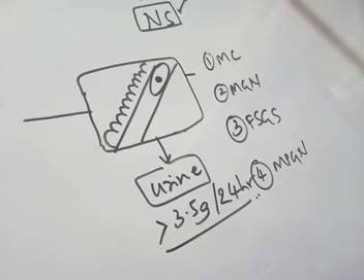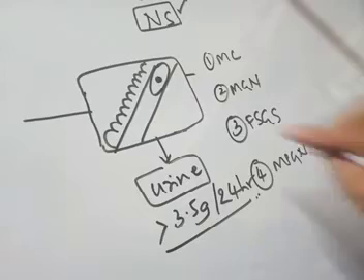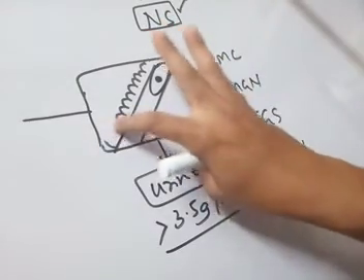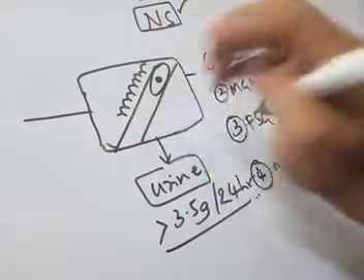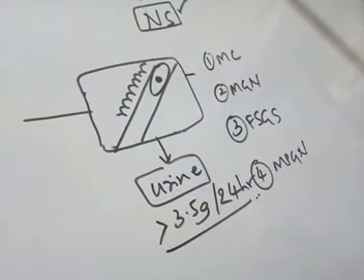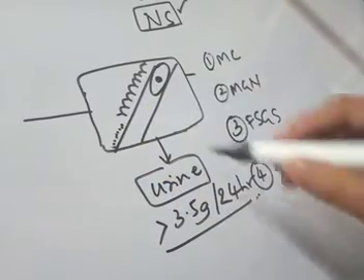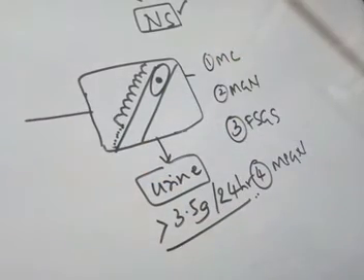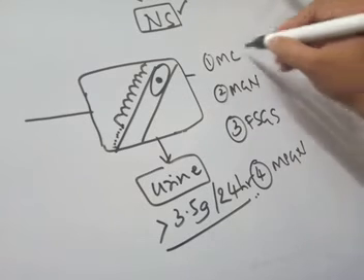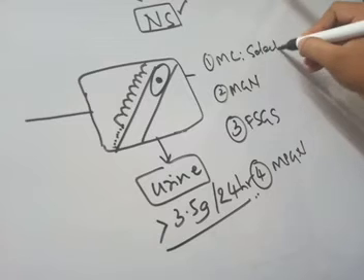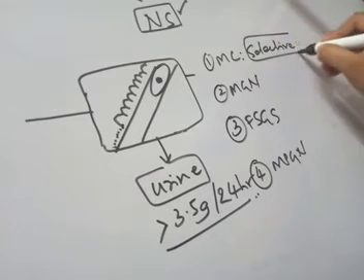First one is minimal change disease. The word itself says there is minimal change in the foot process, but the foot process is still intact. This intactness of the foot process with minimal damage causes something known as selective proteinuria.